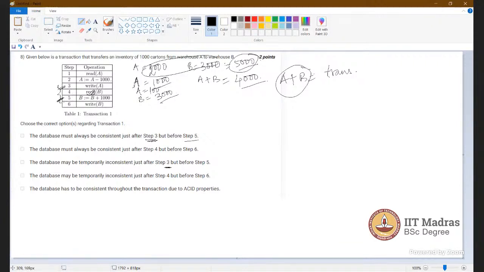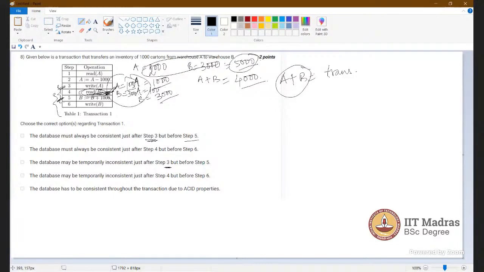So let's check here. What is the value of this one? B is 3,000, right? And A is 1,000. So check only this step.